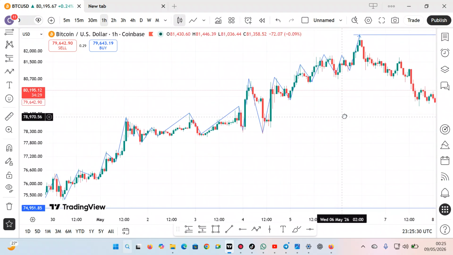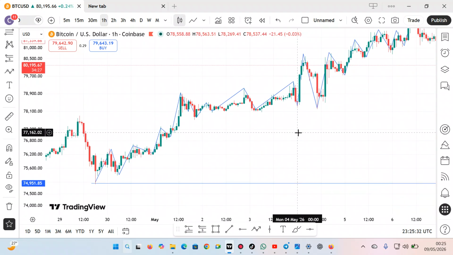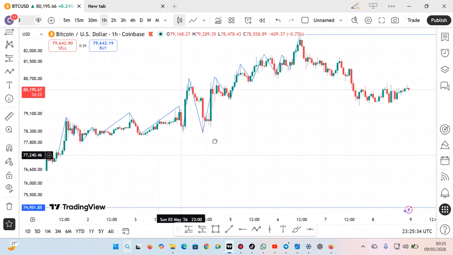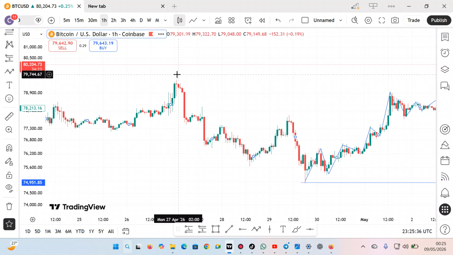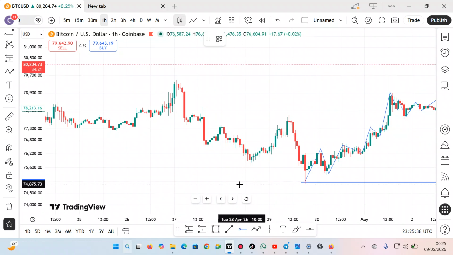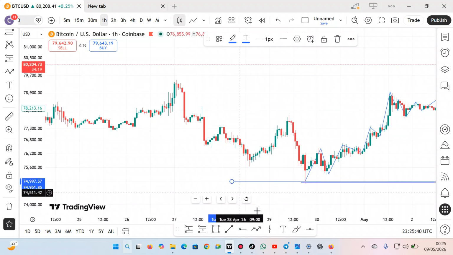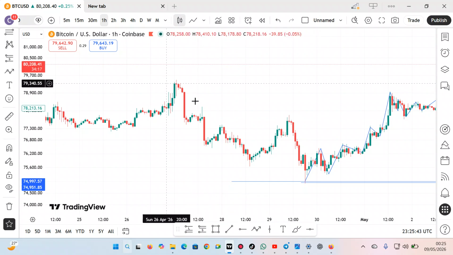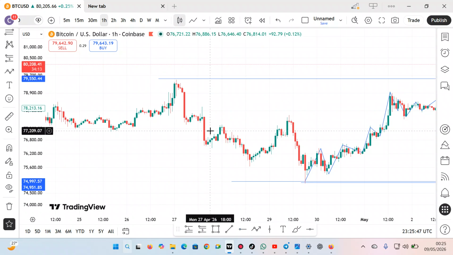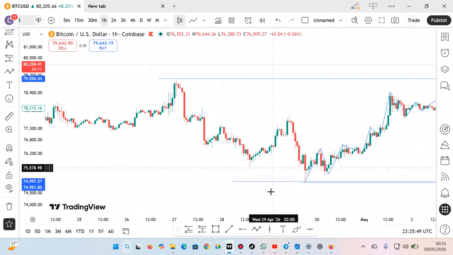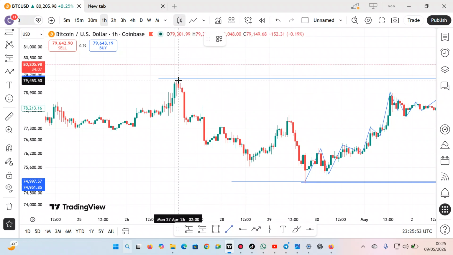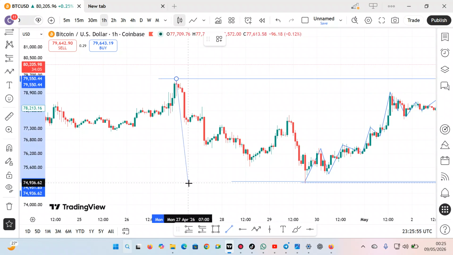Now look at this particular zone. This is a bearish trend. From this zone to this zone, the market was going down, and it did not just drop all the way straight from this zone to that zone.